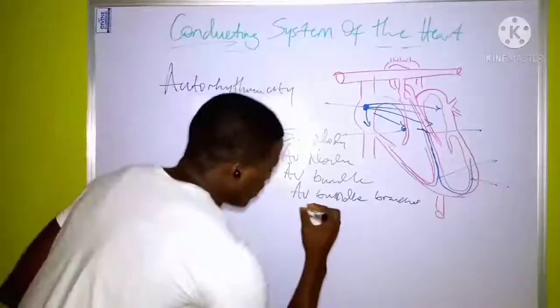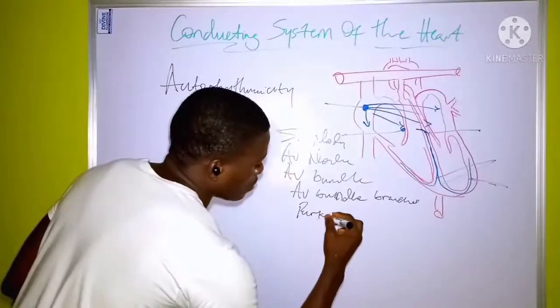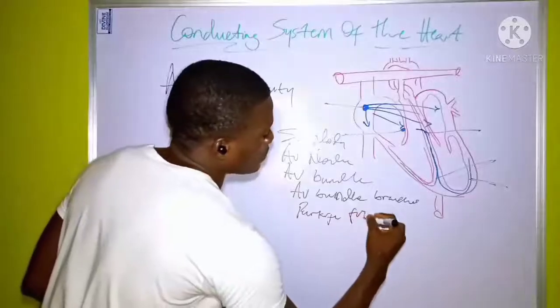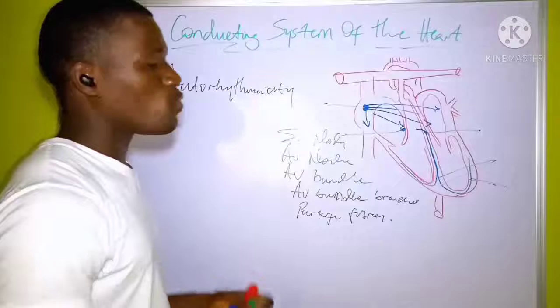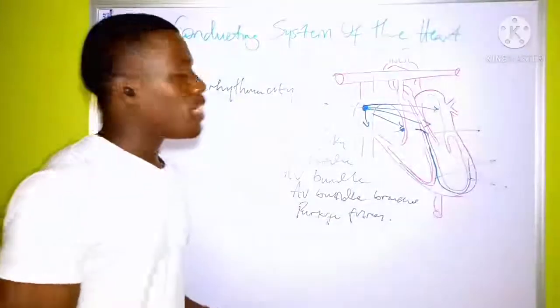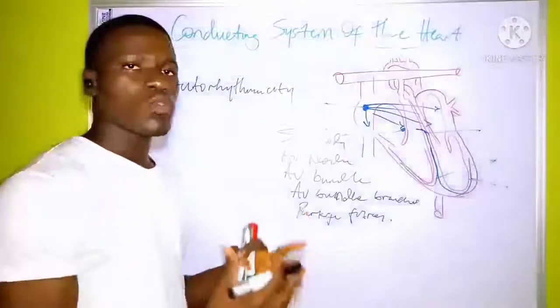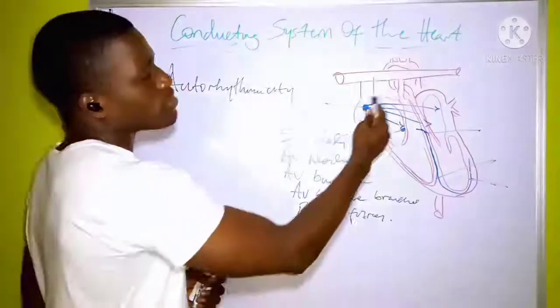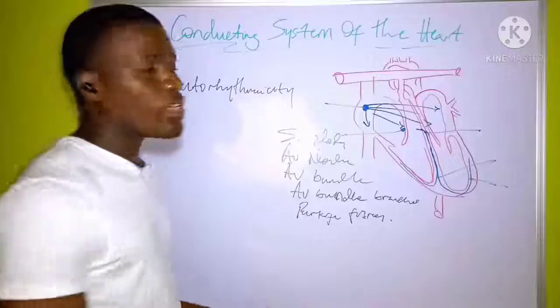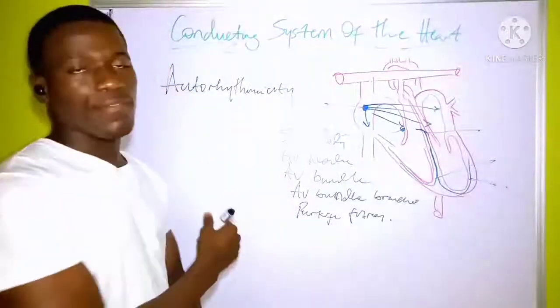And lastly, we have the Purkinje fibers. Now, these are the specialized cells that are responsible for the autorhythmicity of the heart, and they are found within the muscular layer, that is the myocardium, within the heart. As you can see from this diagram here, each of them has their various function.